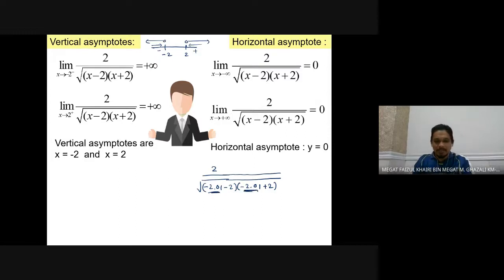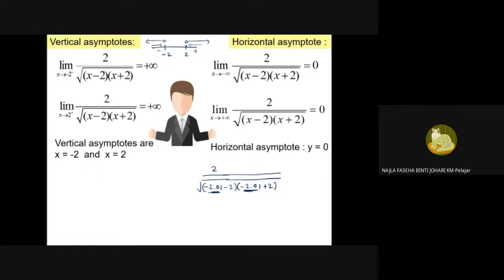Let's test together what the value is. Negative 2.01 minus 2 and negative 2.01 plus 2. What will you get then, class?